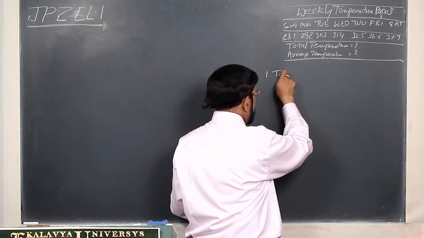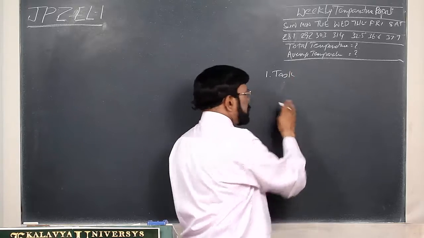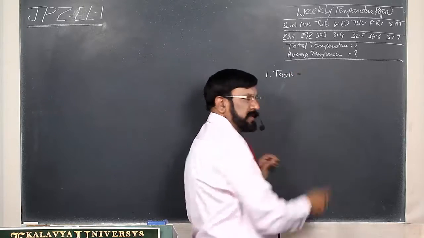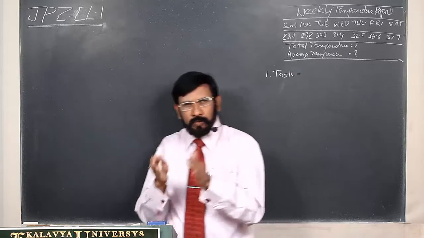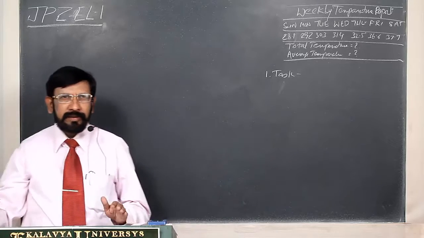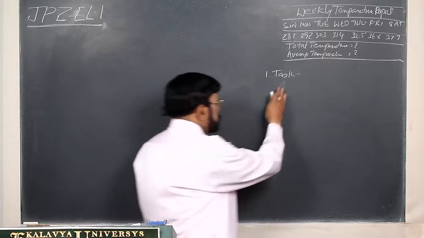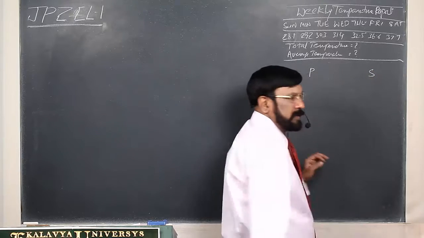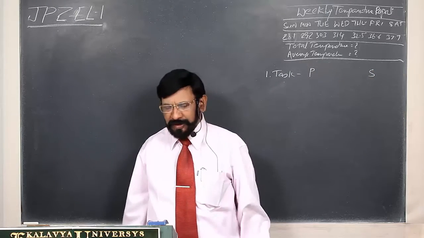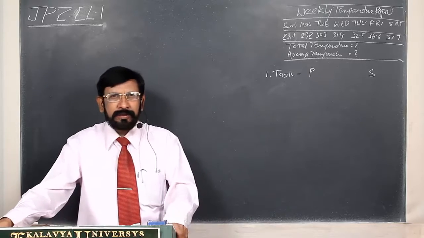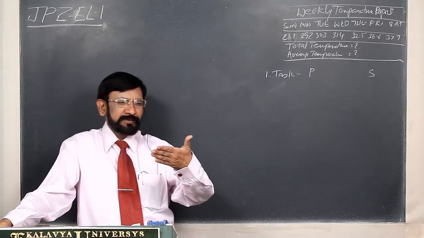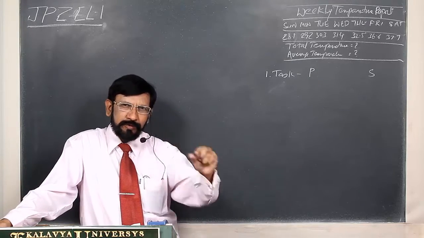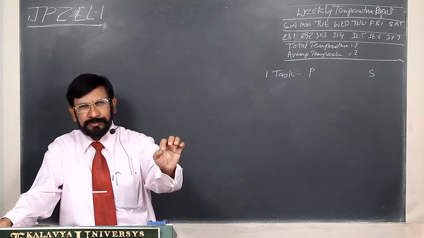So in the project development process you can find 5 phases. The first one is task. Task means understanding the problem domain as well as the solution domain. Actually, when you are writing an examination, first you see the question paper and understand the question.